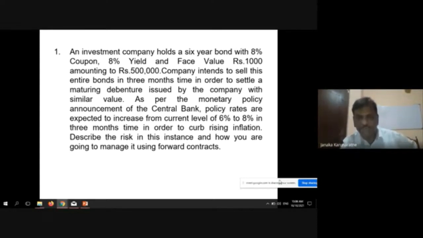Now, there is a certainty. There's a message saying 6 to 8% in the policy rate. If the policy rates go up by 2%, naturally assume at least 2% in the market. So the current yield is 8%, and the yields are expected to rise to around 10%. Then this drop could happen.